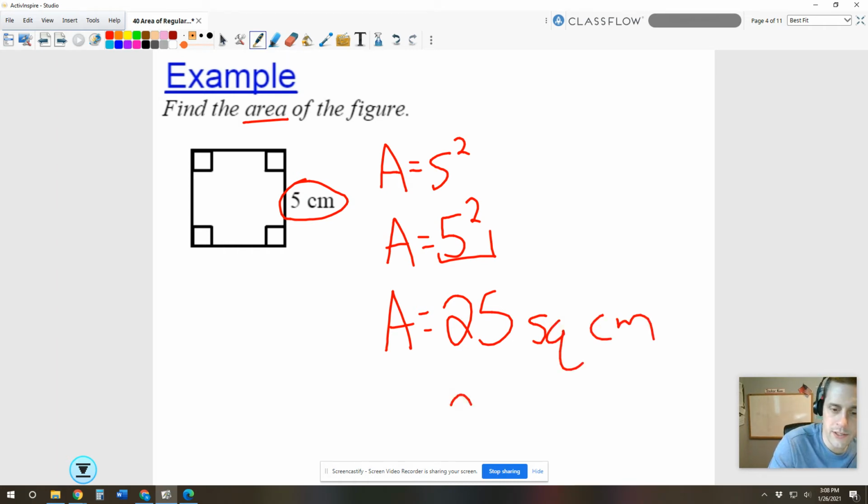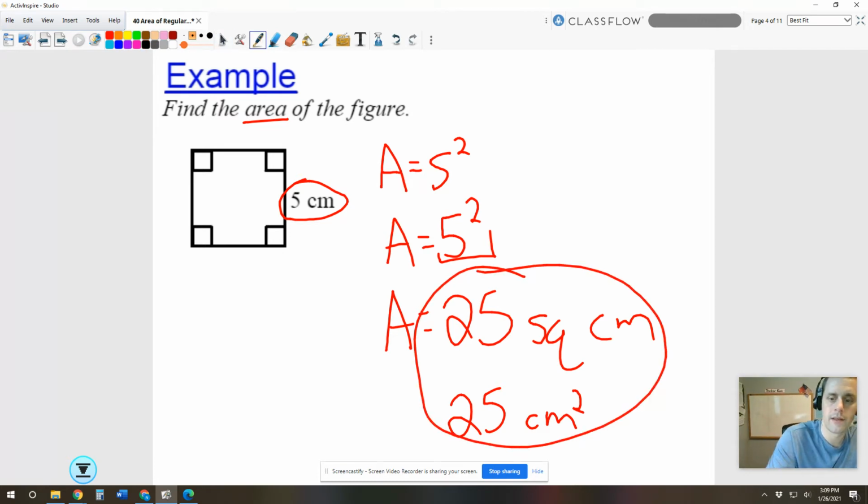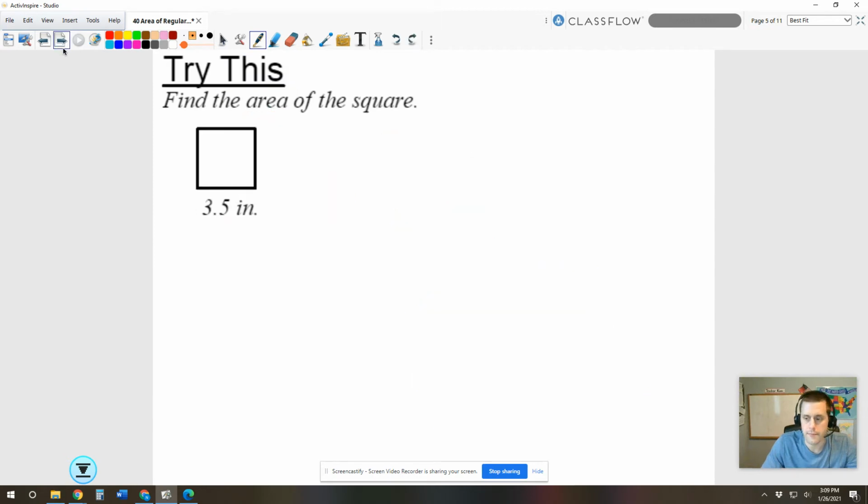You could also write it as 25, and then the symbol for square centimeters is just the centimeter symbol with an exponent of 2. So either 25 square centimeters or 25 cm², either way is correct, and that is the area of that square.